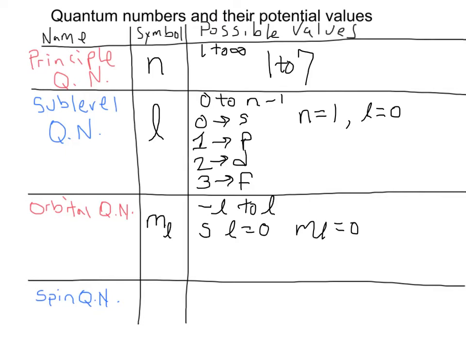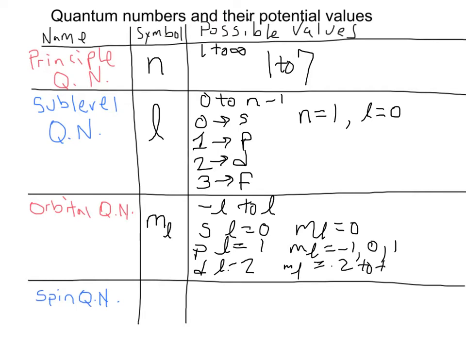So for p, l would equal 1, as we know from up front. So m sub l would be negative 1, 0, and 1, also shortened to negative 1 to 1. That would give us a total of 3 p orbitals, your px, your py, and your pz. Next is your d, and it's l equals 2, and it'd be negative 2 to positive 2, which would give us 5 d orbitals.